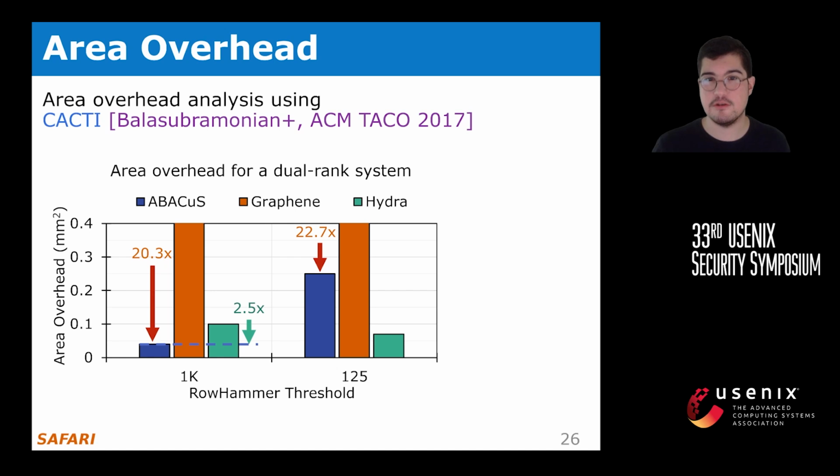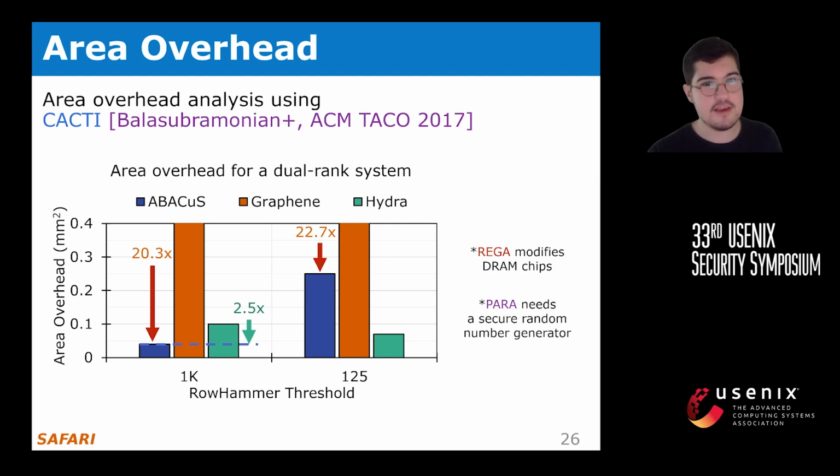But compared to ABACuS, it induces a significant performance overhead, as I showed you in the previous slide. We exclude Rega and Para from this analysis because they don't incur processor chip area overheads. However, Rega requires intrusive DRAM chip modifications, and Para needs a secure random number generator.